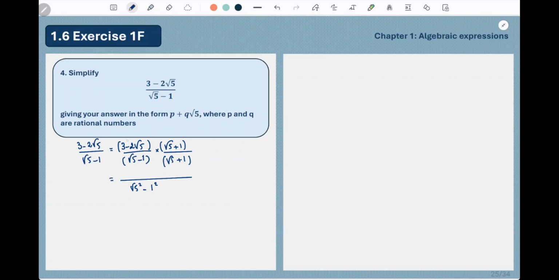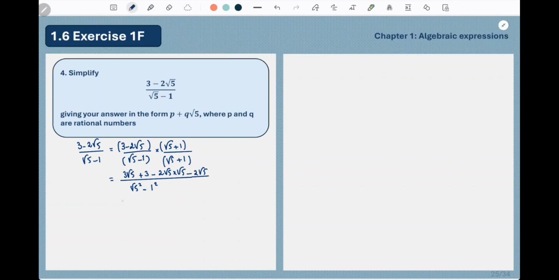And for the top part we're just going to simply expand. So 3 times square root of 5 plus 3, then minus 2 square root of 5 times square root of 5, minus 2 square root of 5 times 1.